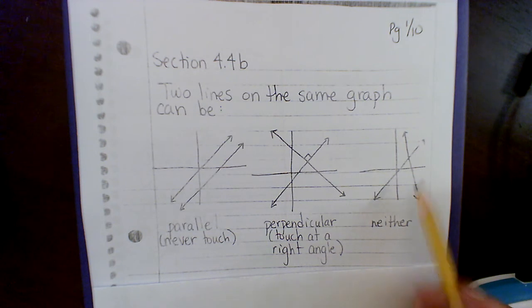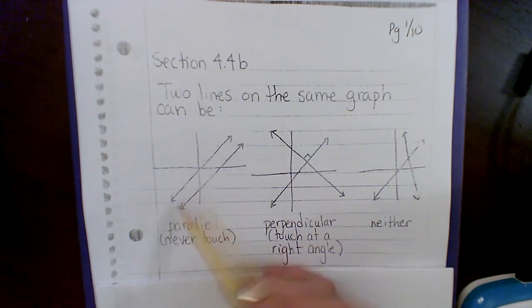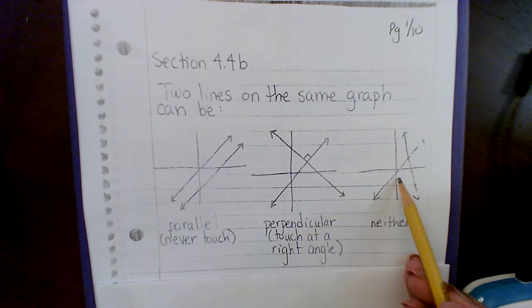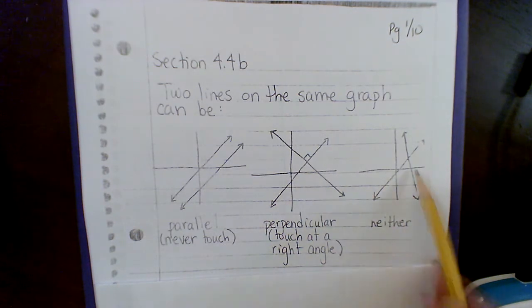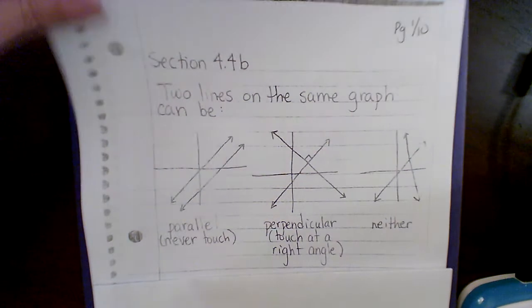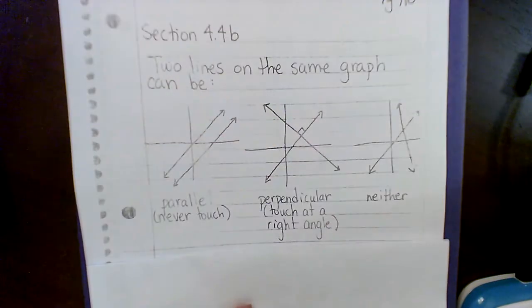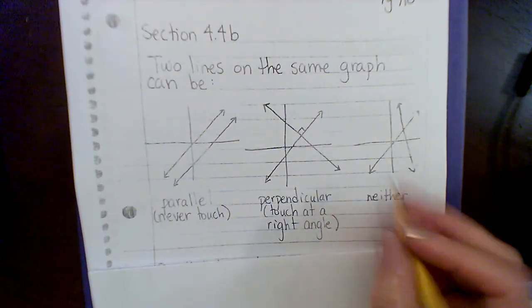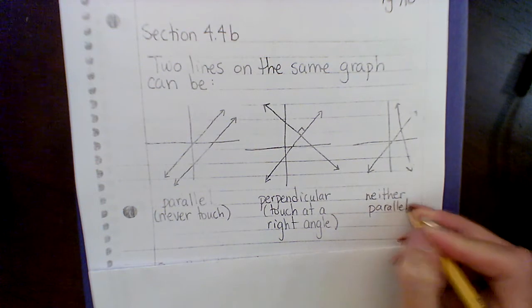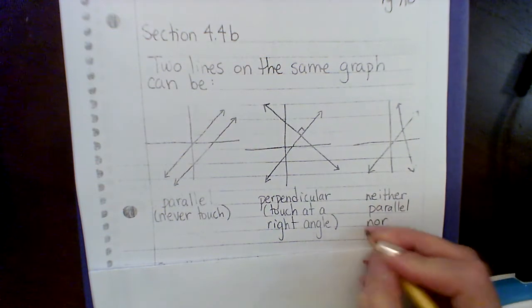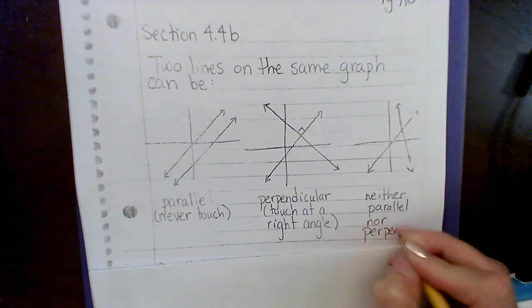So, two lines either don't touch or they do touch. If they do touch each other, then they can either touch at a right angle or not. So we have parallel, perpendicular, and neither. And by neither, I mean neither parallel nor perpendicular.